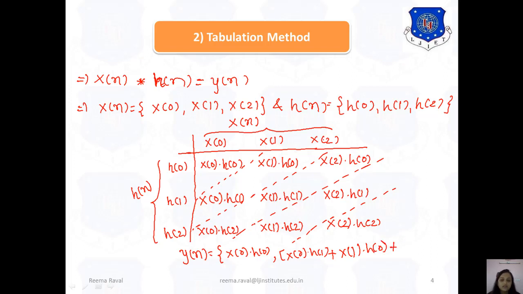The third value will be the addition of these three values, plus the next value will be the addition of these two values, and the last one will be the multiplication of this directly, right? So this will give you the y of n. The first element will be x of 0 into h of 0, right?